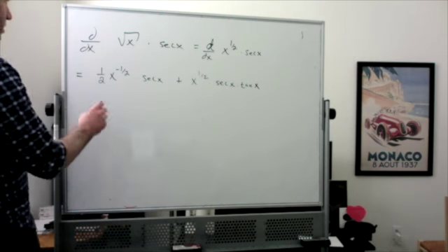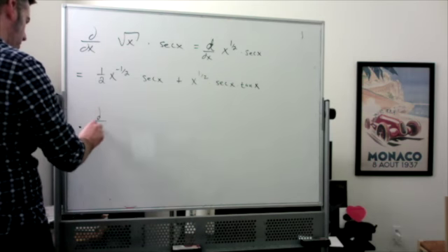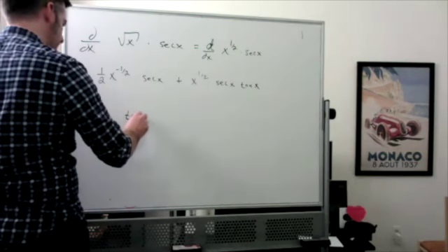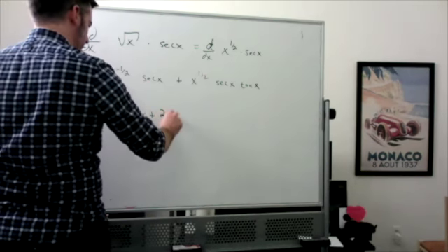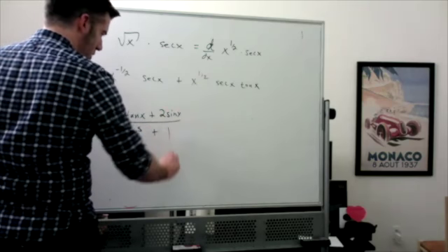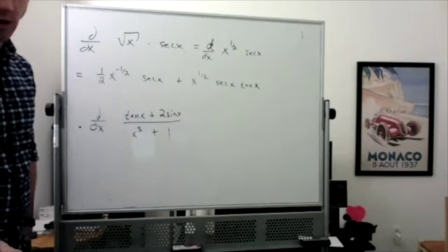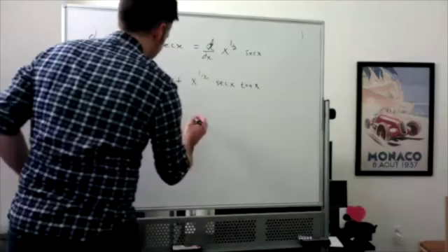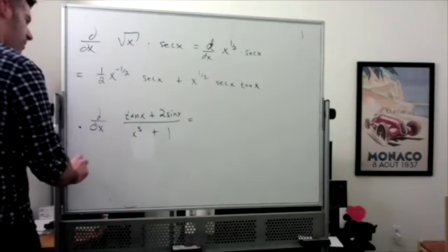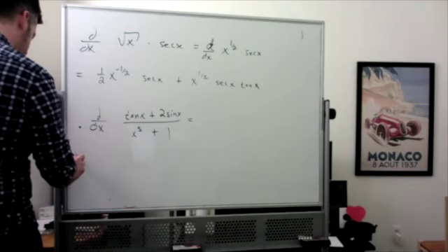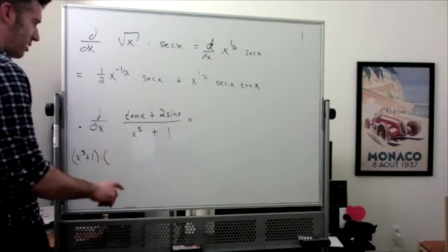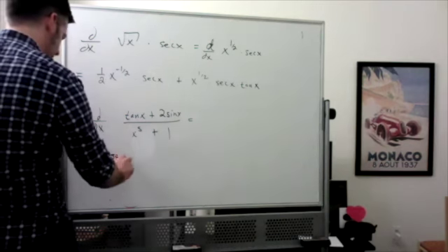We might have something like, oh yeah, let's do something terrible, like the derivative of tangent x plus 2 sine of x over x to the 5th plus 1. This is going to be gnarly. It's not so much that this is hard, it's just going to be big. So it's going to be the bottom times the derivative of the top. The derivative of tangent is secant squared x.